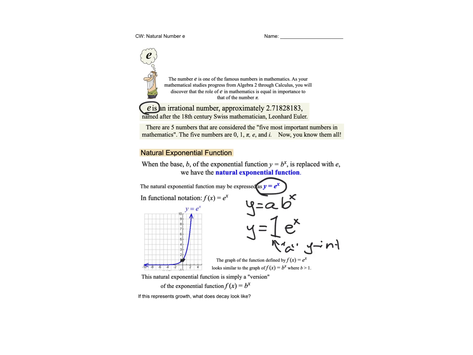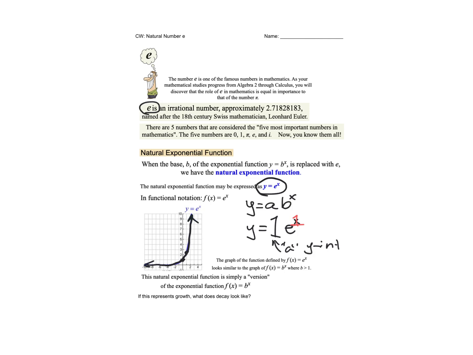And in this case, if we plug in 1 to our x value right here, and we know e is 2.7, then that means that at 1, we're going to have 2.7, and here shows an exponential graph of y equals e to the x.